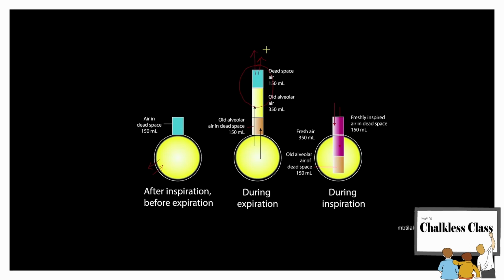So the tidal volume remains 500 ml. In that one, 350 ml is the old air from the alveoli, meaning after gaseous exchange, the carbon dioxide containing air, old air. The 150 ml is the air present in the dead space before the expiration.